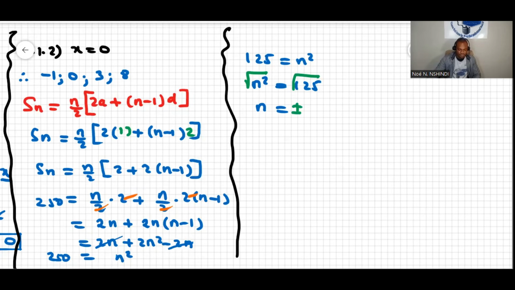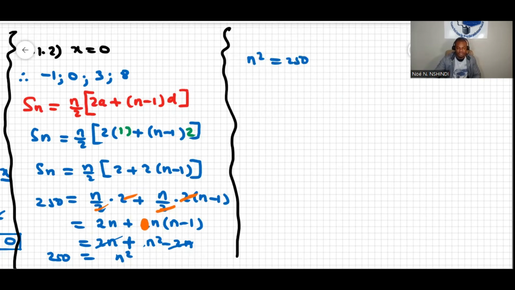There's no 2 there, because it was simplified over here. We crossed this 2 out and were left with n only. So there's no 2 here. It makes plus n, so n squared is equal to 250 only.